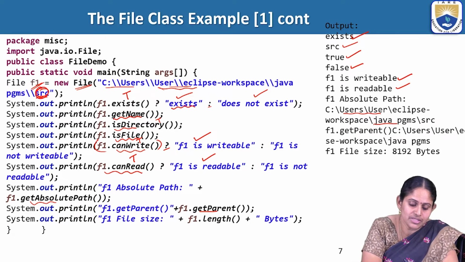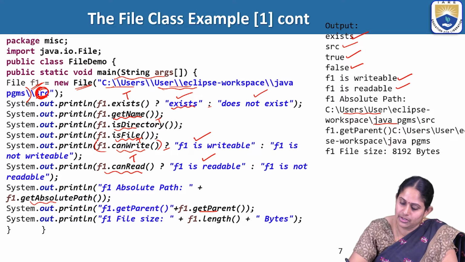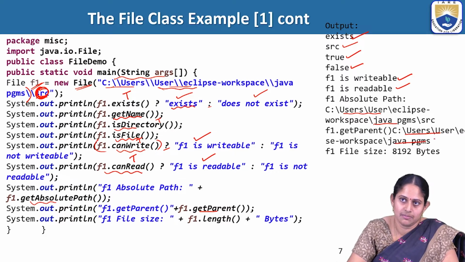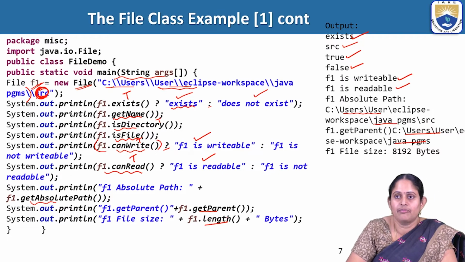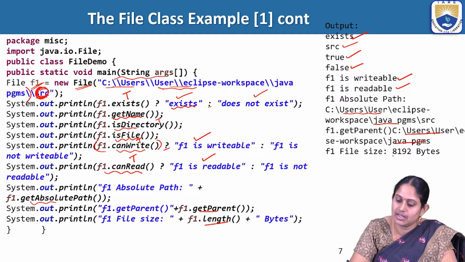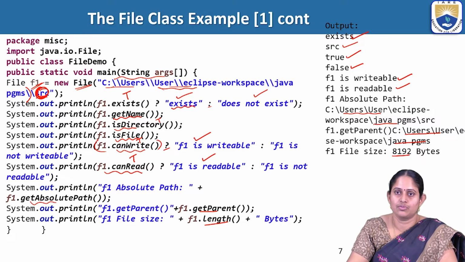Our object's final part was source, so the other part up to here forms the parent of it. So we get that parent path as the output. And length returns the number of bytes in the file size, the number of bytes in that file, which is about 8,192 bytes.